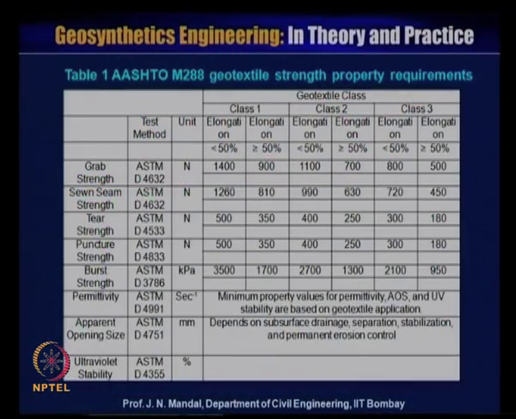Now, look at this table, AASHTO M288 geotextile strength property requirement. What strength are required? There are class 1, class 2 and class 3.